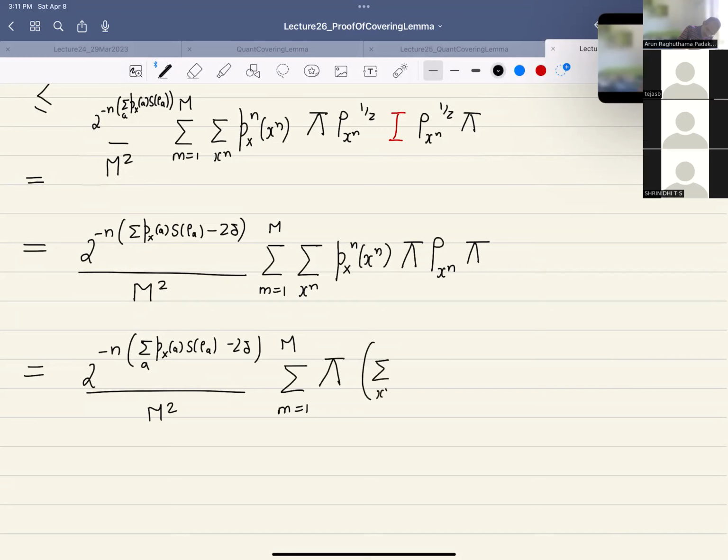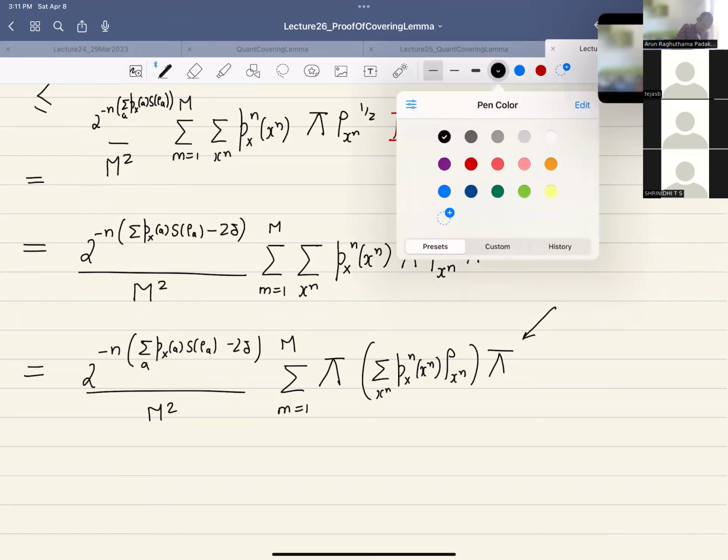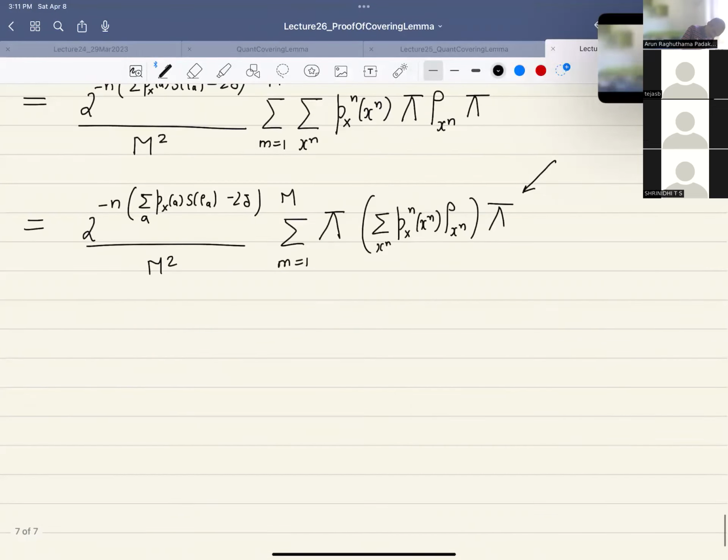So I can say this pxn of xn rho xn pi, right? Obviously I need that, because this pi is the unconditional typical projector of sigma. It's not going to do anything with this rho xn. They're going to fight with each other. So I need good guys to come together.